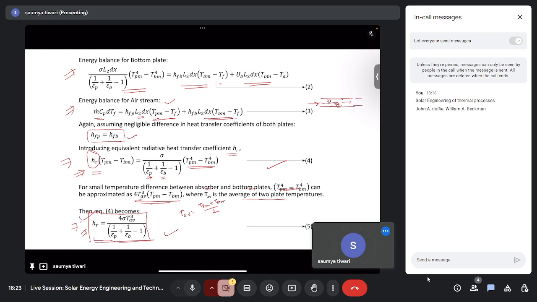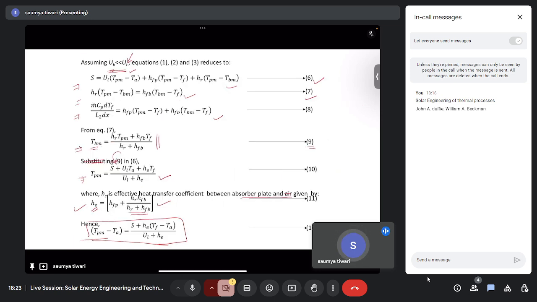Assuming that there is negligible difference in heat transfer coefficient for both plates. The both plates we are talking about are the absorber plate and the back plate. And then this effective heat transfer coefficient between the absorber plate and air. This formula is also important, so you need to remember this formula.